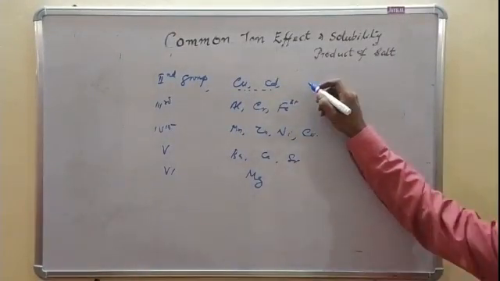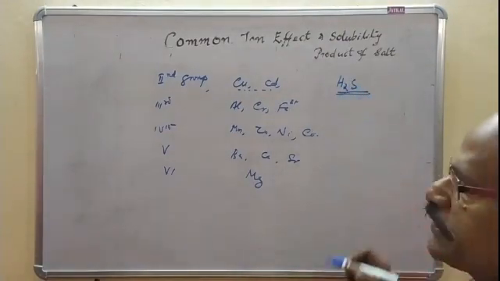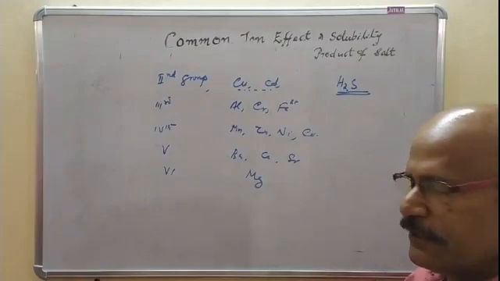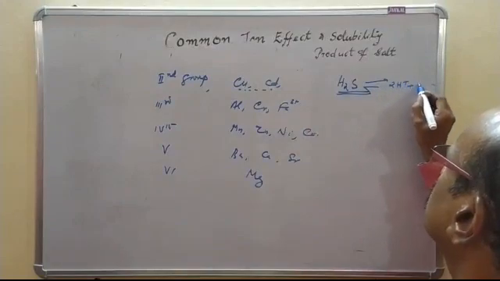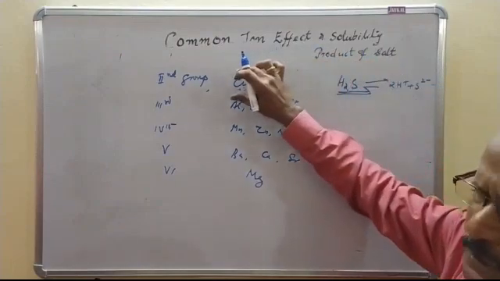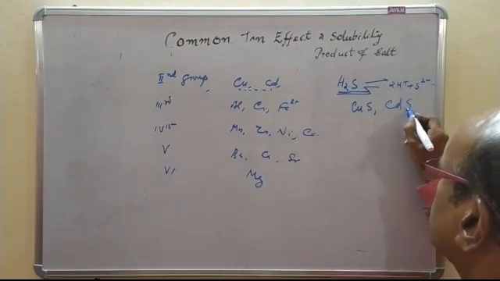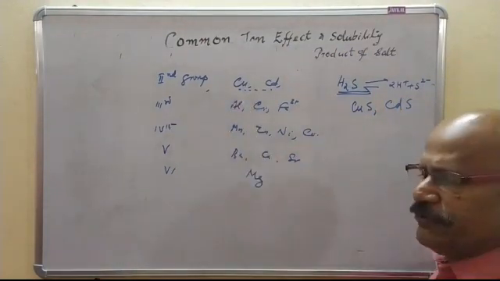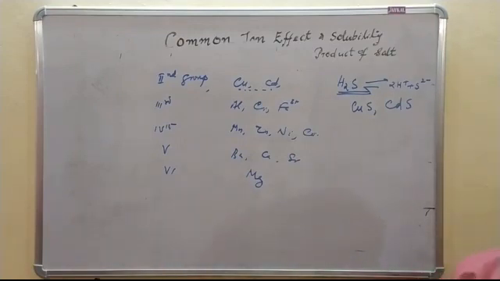The group reagent employed is hydrogen sulfide solution, hydrogen sulfide gas, which in the aqueous system furnishes 2H+ and S2-, and the metal salt combines with the sulfide ion, and the metal gets precipitated as sulfide, CuS, CdS, etc. So in the second group, we want to precipitate and separate the metal from the solution as their sulfide, copper as copper sulfide and cadmium as cadmium sulfide.